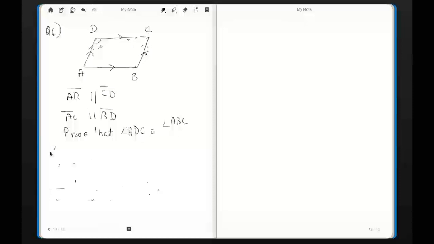What can I say about angle ADC and angle DCB? They are consecutive interior angles.